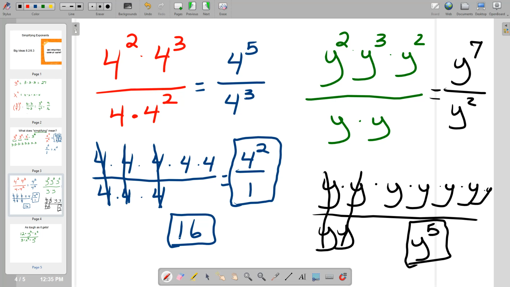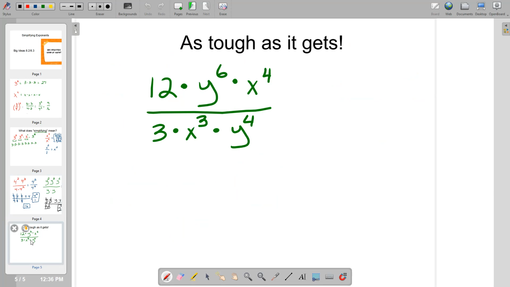The benefit of a skill being very mathy is that there's probably not going to be a lot of story problems or real-world applications. We are just simply simplifying exponents and expressions to make the problem easier, but we aren't really doing a lot with the problem right now. So as tough as it gets, this is literally max difficulty. This will be as hard. Probably a good example of a level 3 or even a 4 question on the quiz coming up.